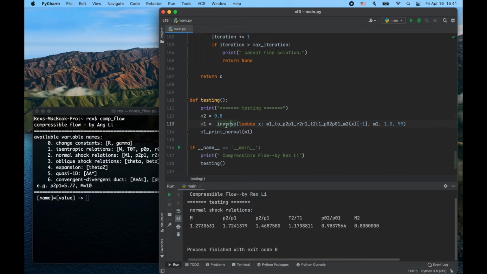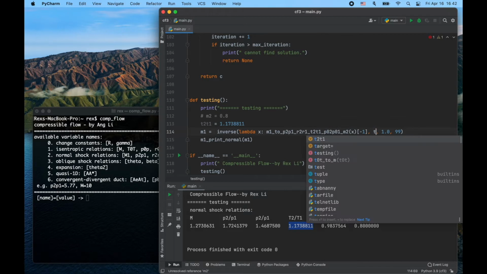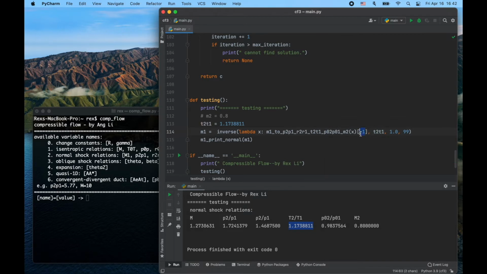See, now given that the Mach number 2 is 0.8, we should be able to find M1, and then we can find all of the other variables from this function, right? So if you give me the temperature ratio, so T2 over T1 is that, and we change the target to T2 over T1, and we change this function to be 0, 1, 2, and we should expect the same value, right?